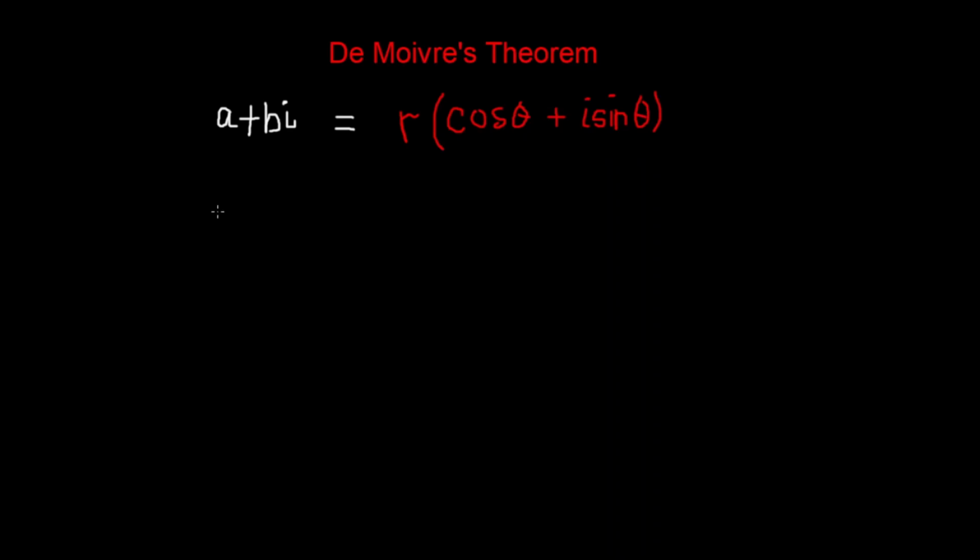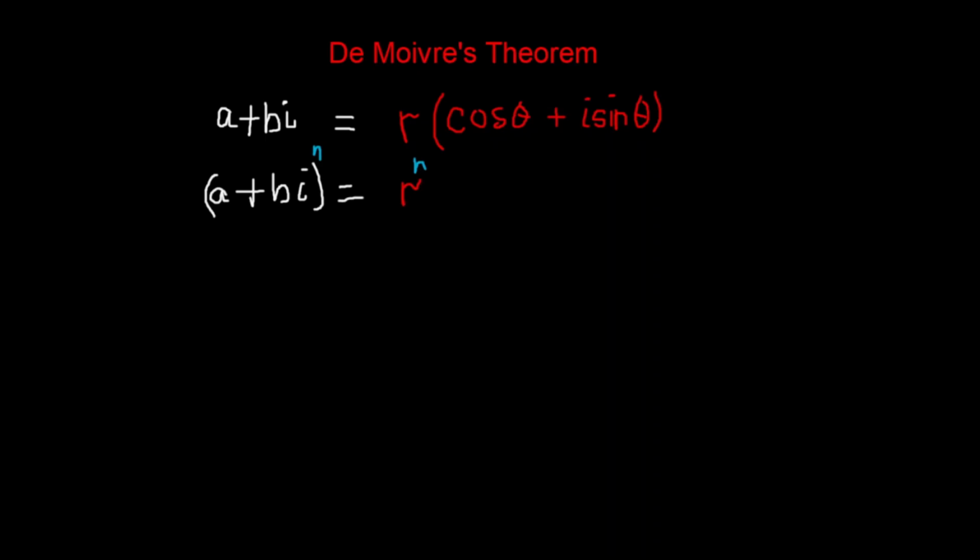So de Moivre's theorem states that this complex number, what if it's raised to the power n? If it's raised to the power n, it equals r to the power n.